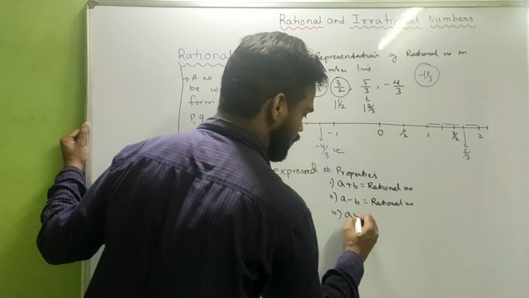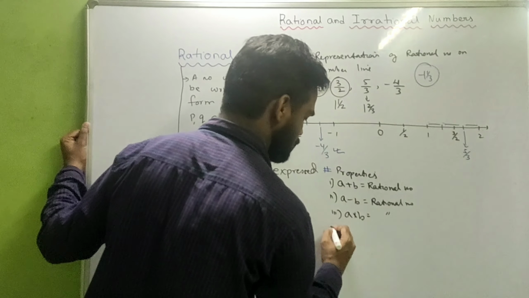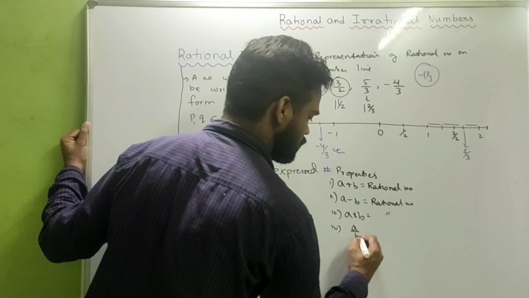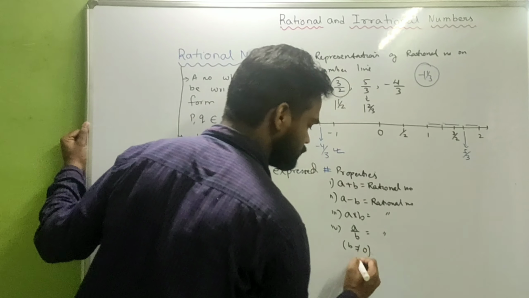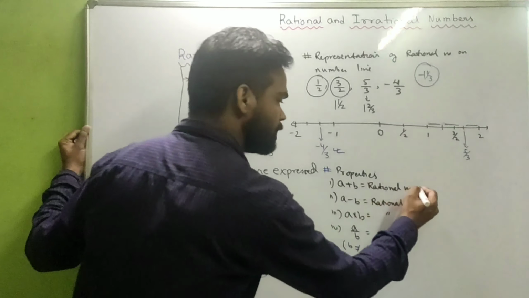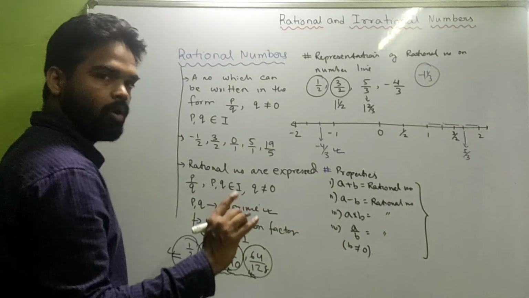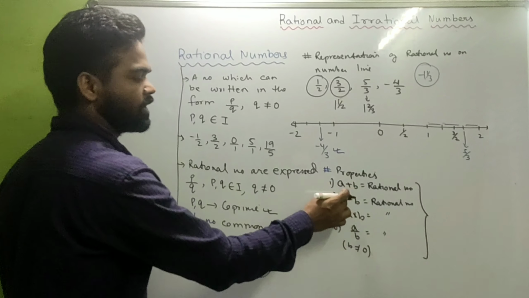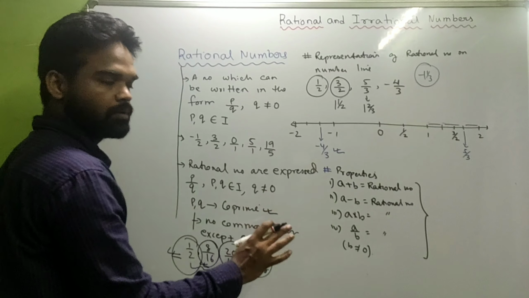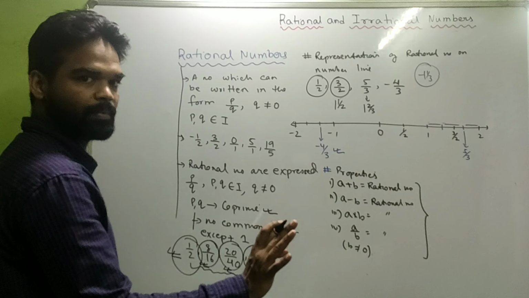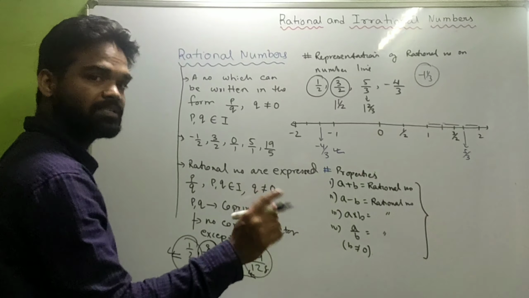Similar is the case with multiplication and division also, of course with b not equal to 0. Which means all the operations, addition, subtraction, multiplication and division, are closed in rational numbers. Am I clear? Which means the result is a rational number.